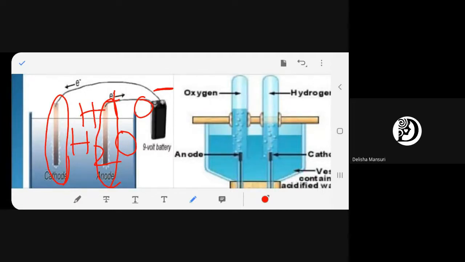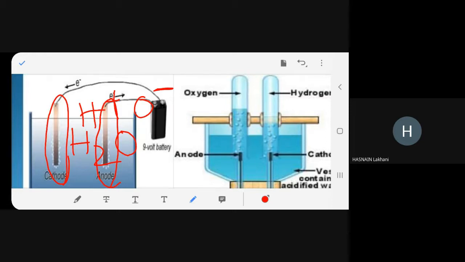Now what is H plus? It is a cation. So cations will go where? Cathode. And anions, which are negative, where will they go? Anode. Is it clear now?